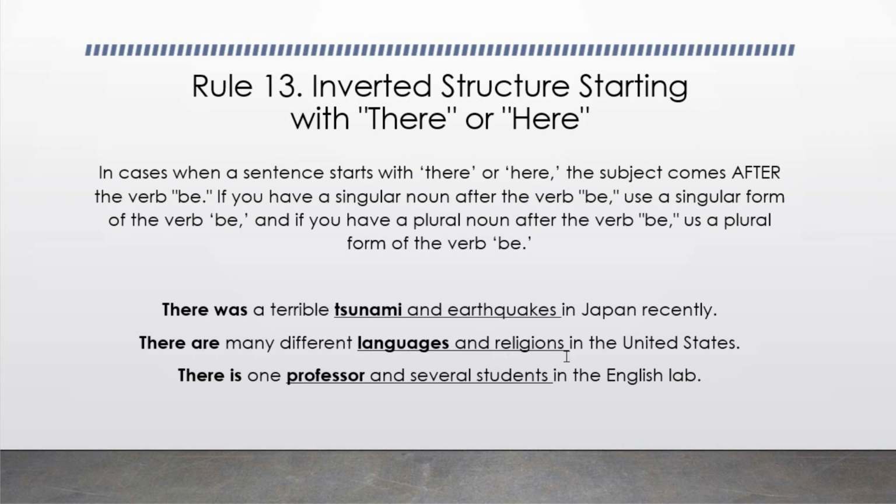Languages and religions is a complete subject, but languages is closer to the verb and it's plural, therefore you have are. There is one professor and several students. Again, professor and several students is a complete subject, but professor is a simple subject, therefore the verb is.